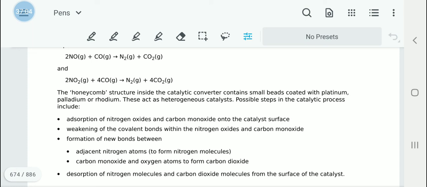Their covalent bonds are weakened, and new bonds would be formed between adjacent nitrogen atoms, and carbon monoxide with oxygen. This will produce N2 and CO2. Their bonds with the surface would weaken, and desorption would take place, allowing them to leave the system.